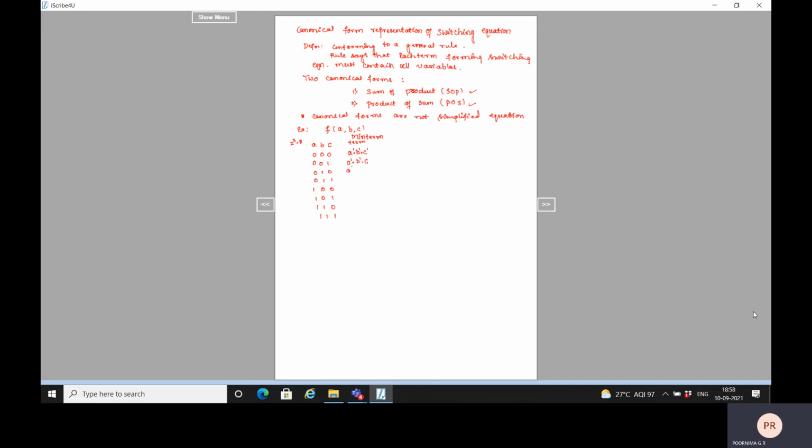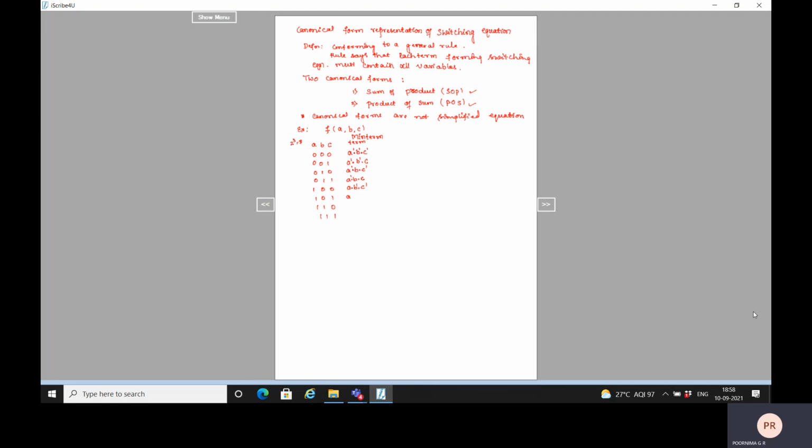The next one is A bar ANDed with B ANDed with C bar. The next min term is A bar ANDed with B and C. The next term is A ANDed with B bar ANDed with C bar.